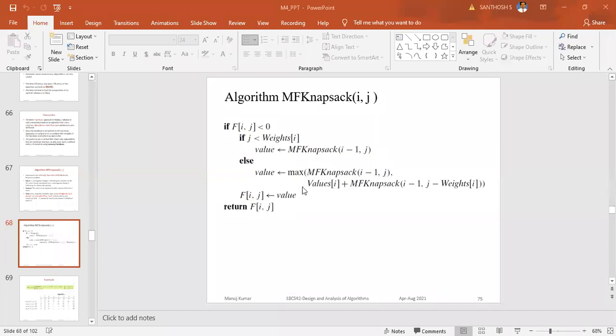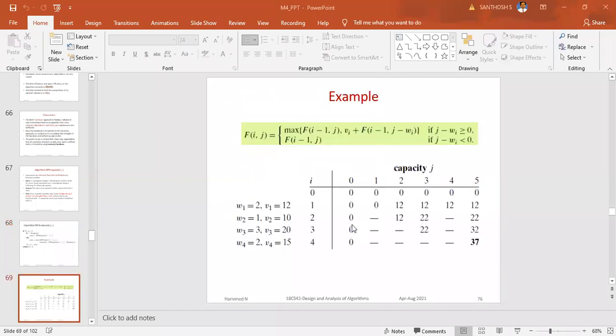Or if j is greater than weights, max of MF knapsack I minus 1 comma j and values of I plus MF knapsack I minus 1 comma j minus weights of I.